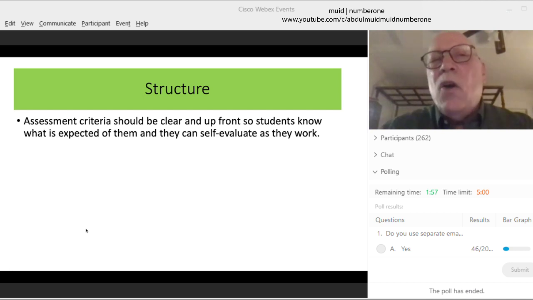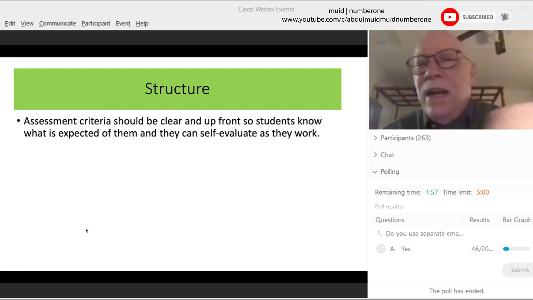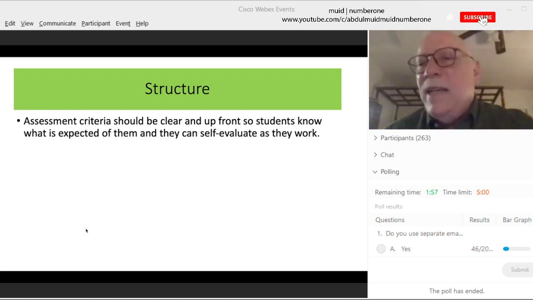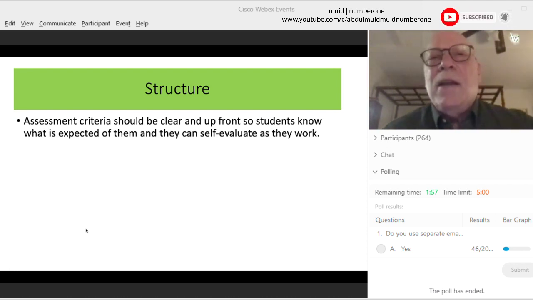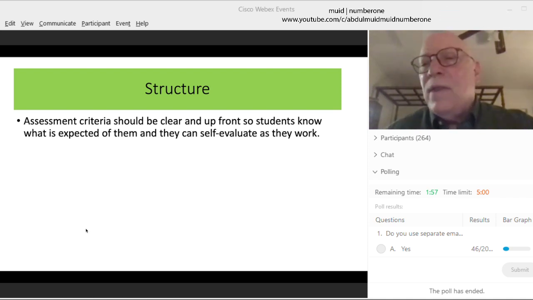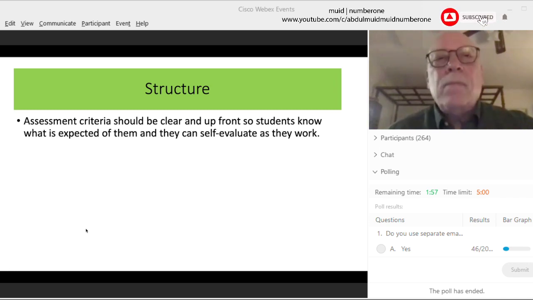So I know what the assessment criteria are, so as I'm writing, I try to put all those things in as much as I can, and I can keep evaluating myself as I read through it because I know what the criteria are.